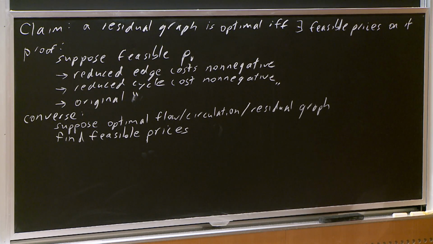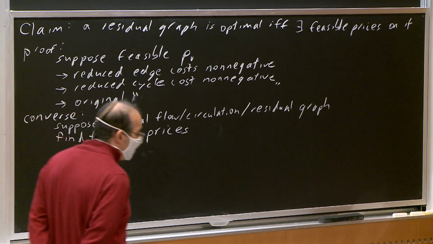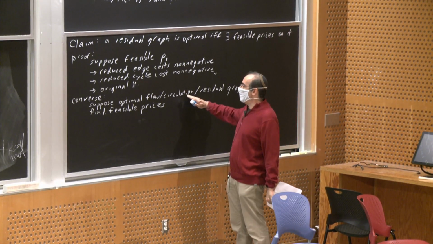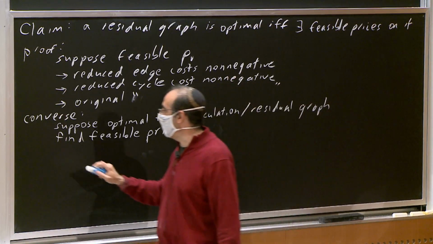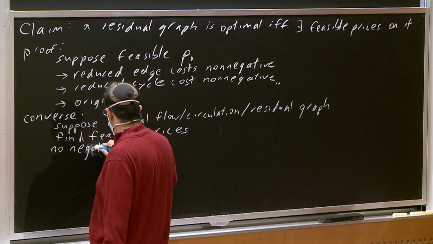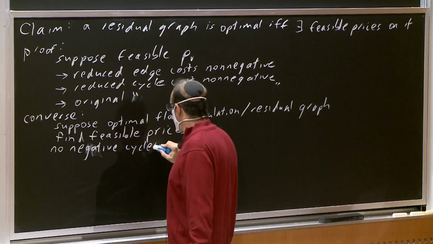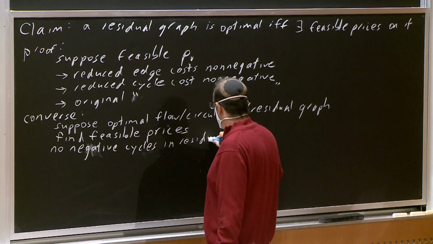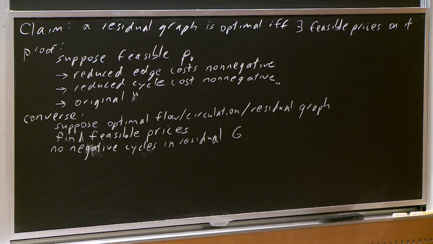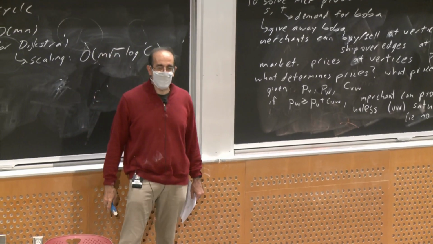Shortest paths, yes. Right? There's sort of a hint that we need to use shortest paths, because what we know from having an optimal feasible flow or circulation is that there are no negative cycles in the residual graph, right? And the one thing that we know about graphs with no negative cycles is that you can compute shortest paths in them. So that must be useful for something.